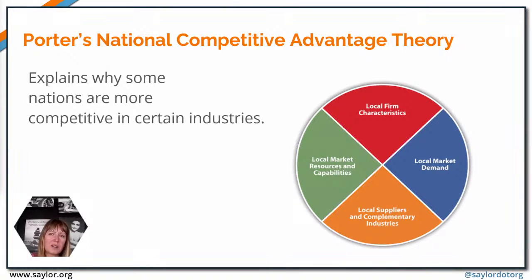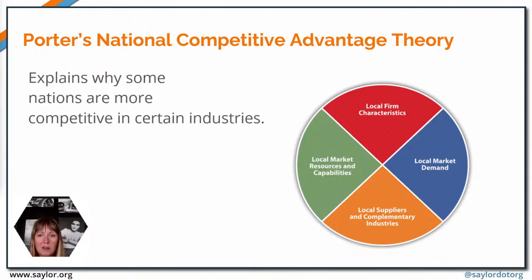We talked earlier about location of suppliers, and sometimes companies will choose to go global so that they can locate near a supplier and save money that way. So local suppliers and complementary industries could be another reason for that competitive advantage, and also local market resources and capabilities.